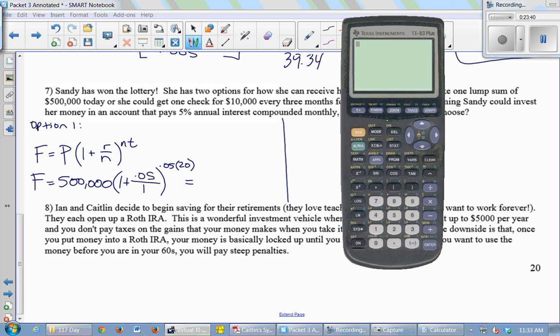All right, so 1.05 is what happens when I do the parentheses, right? 1 plus 0.05 over 1, that comes out to 1.05. I have to raise that to the 0.05 times 20. Oh, it's not 0.05, I'm sorry, I messed up.